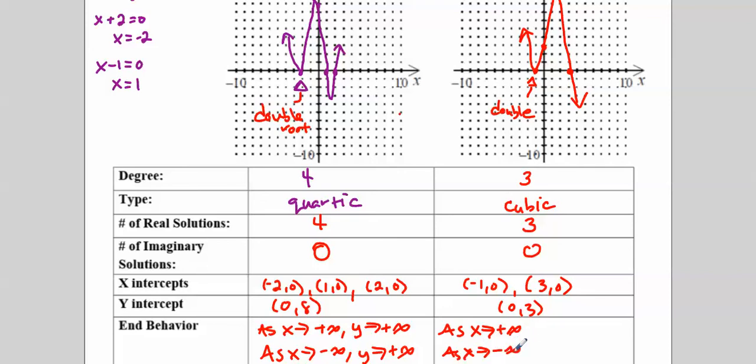Positive infinity is the right side, negative infinity is the left side. Okay, all of that's always the same. The only part you have to fill in here, and the answers will always be positive infinity or negative infinity. So as x goes to positive infinity, that's the right side. The y is going down, so it's going to negative infinity. And as x goes to negative infinity, that's the left side. The y is going up, so that's positive infinity.